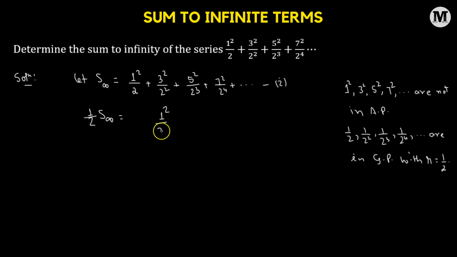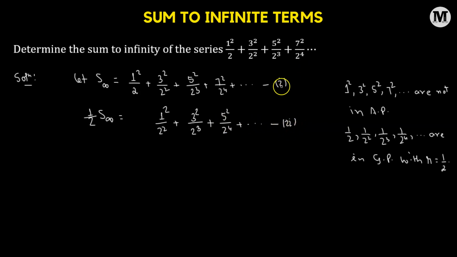So that means we have 1 squared over 2 squared. Added to, taking the second term 3 squared over 2 squared, multiplying with 1/2 gives us 3 squared divided by 2 cubed. Added to, now we have 5 squared over 2 cubed multiplied to 1/2 gives us 5 squared divided by 2 raised to the power of 4 plus the remaining terms. So this is going to be number 2.